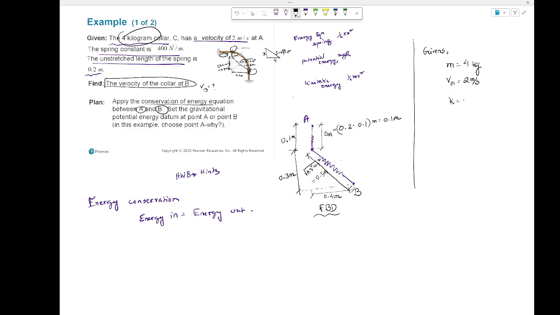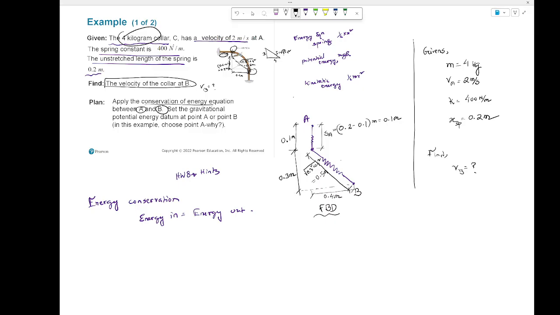The spring constant is given as 400 Newtons per meter. The spring in a stretched condition has x of 0.2 meter, and you are trying to find the velocity at position B.